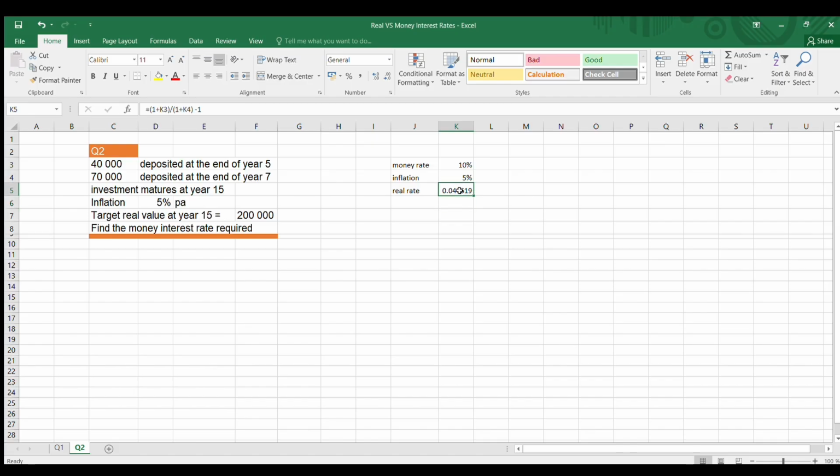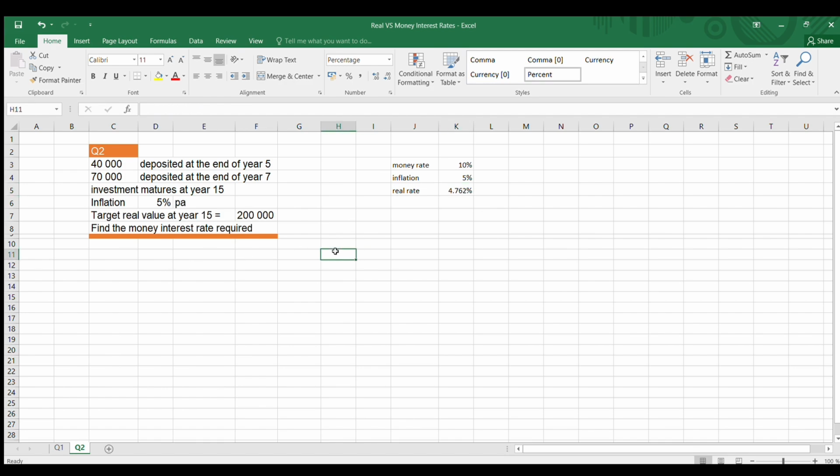And this is our real rate, you see, which is approximately equal to 4.762% per annum. And the reason why I'm bothering with finding the real rate is because our target real value at year 15 is 200,000. So we need to work with the real rate.